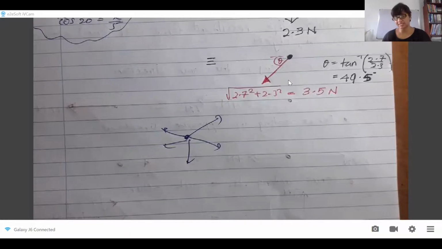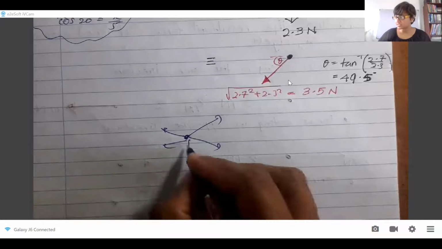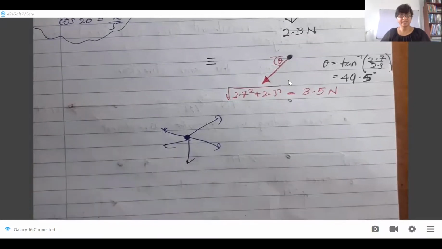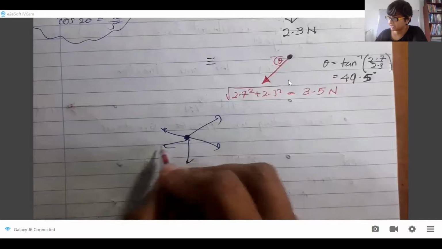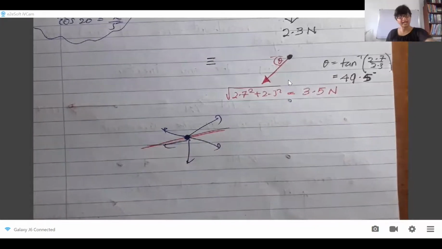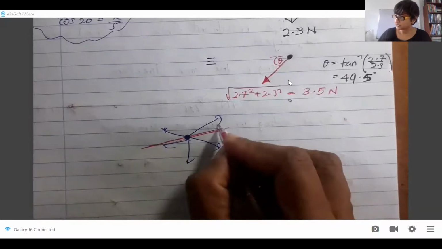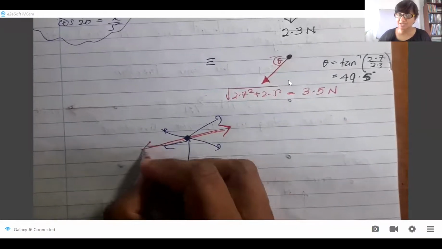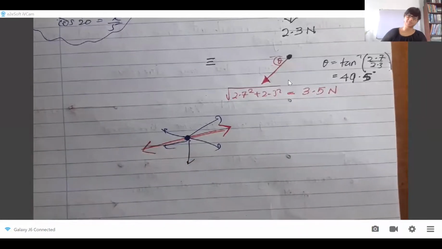Another way to put this is like this. If you have an object that is not moving, it's at rest, then think of any one direction, along any line: the total forces acting in one direction must be equal to the total force acting in the opposite direction.